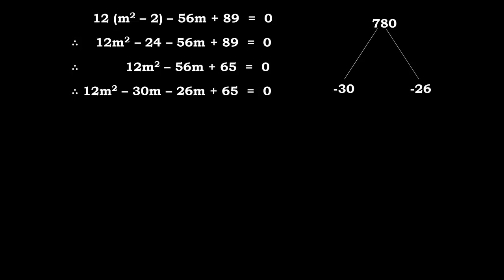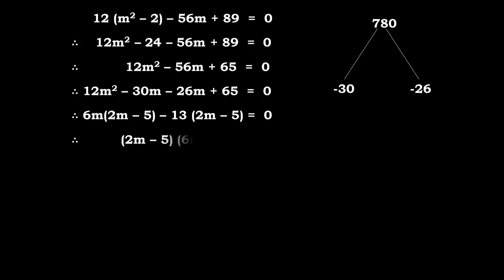So from the first two terms we can take 6m common, in bracket 2m - 5, and from the next two terms we can take -13 common, in bracket we get 2m - 5 = 0.